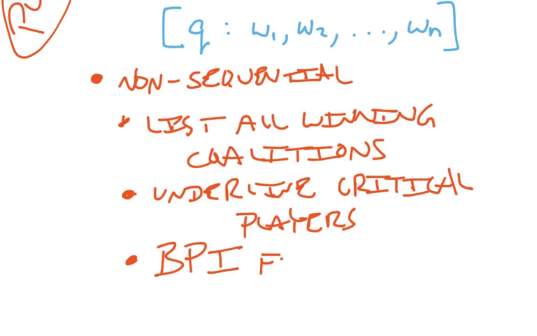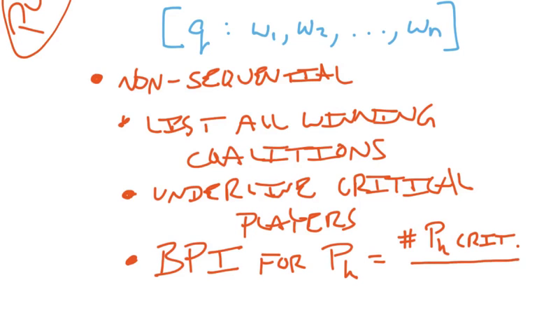The idea here is that the BPI for player K is equal to the number of times that player K was critical divided by the number of times anyone was critical. So it's like a ratio of the power. When all is said and done, it's the percentage of the power that this player holds in this given weighted voting system.